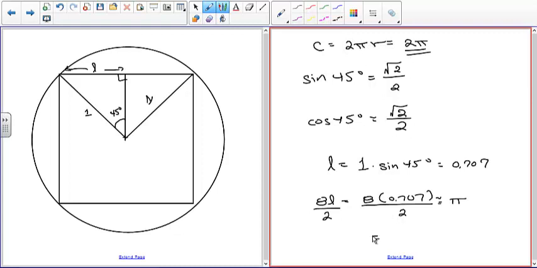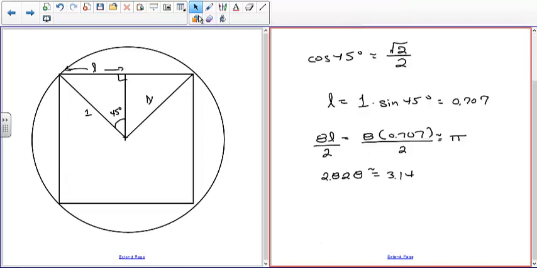If I get my calculator out for that and plug in some numbers, 8 times 0.707 divided by 2 is 2.828. So 2.828 is approximately equal to pi, which is 3.14. Okay, and we expected it to be an underestimate because this is inside the circle.